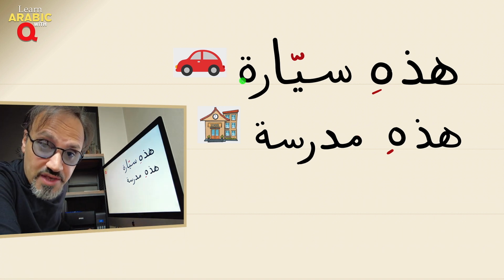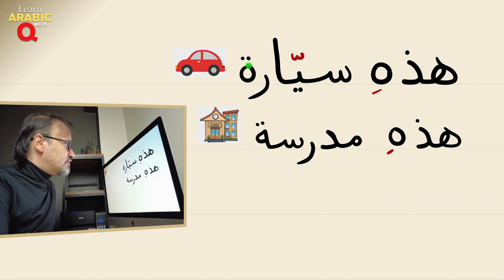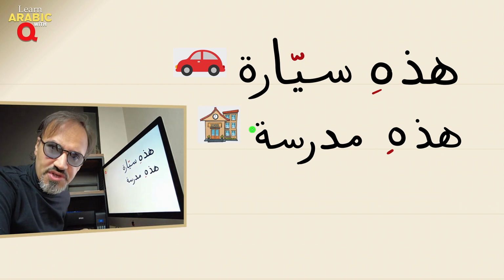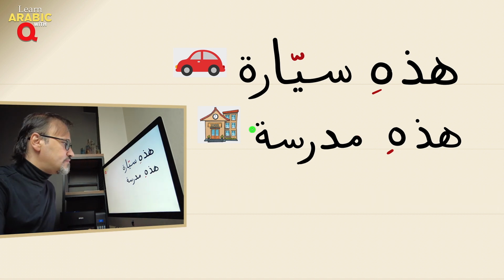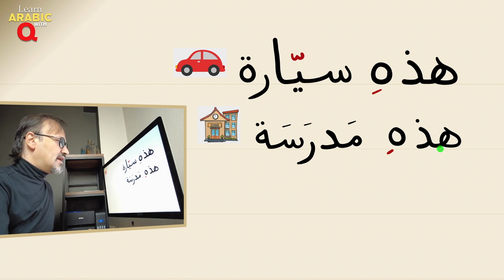They're your clue that these are feminine words, okay? Whenever you see this or this at the end of the word, it's usually a feminine word. So, madrasa, okay? If we want to put the tashkil, it's like this, madrasa, okay? هذه مدرسة, okay?